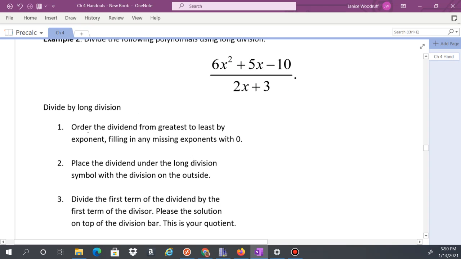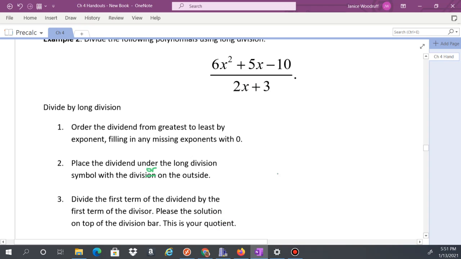So first thing we do, order the dividend from greatest to least by exponent, filling in with 0. Same thing we started with in synthetic division. Here I don't have anything missing, so I don't have to fill anything in. Then we place the dividend under the long division sign with the divisor on the outside. This is your divisor here.